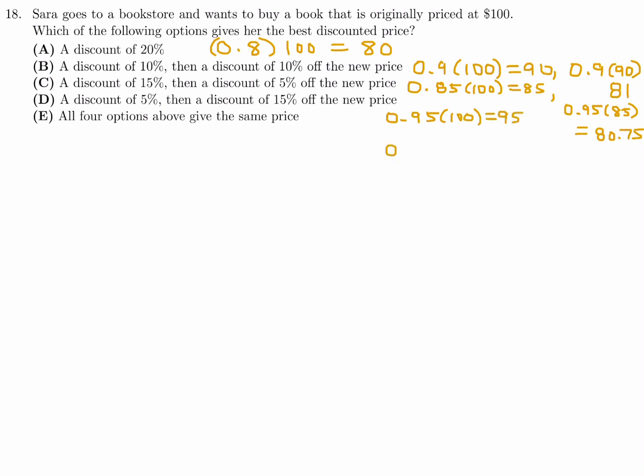Then a 15% discount would be 0.85 times that 95, and that gives me 80.75. So which one of these is the lowest? Is it 80, 81, 80.75, or 80.75? Obviously the lowest is 80. So the answer is A for number 18.